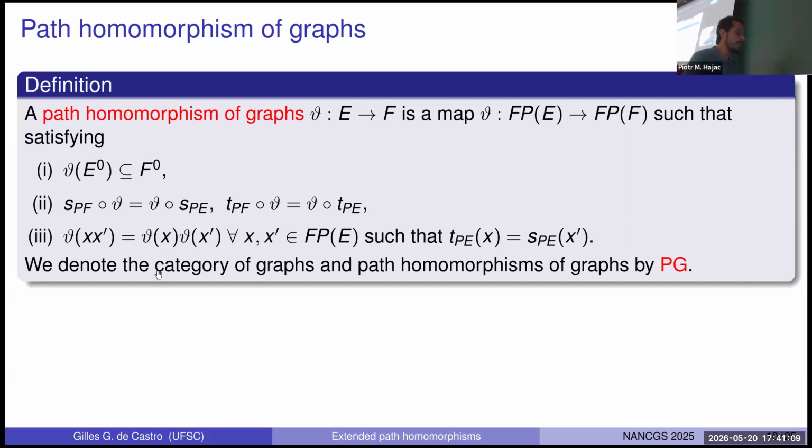This category of graphs with path homomorphisms is going to be denoted by PG, so P for paths. And again, we want this construction to be functorial. I'm going to talk about how the formula goes, but basically, we're just going to send a vertex to its image and an edge to its image.